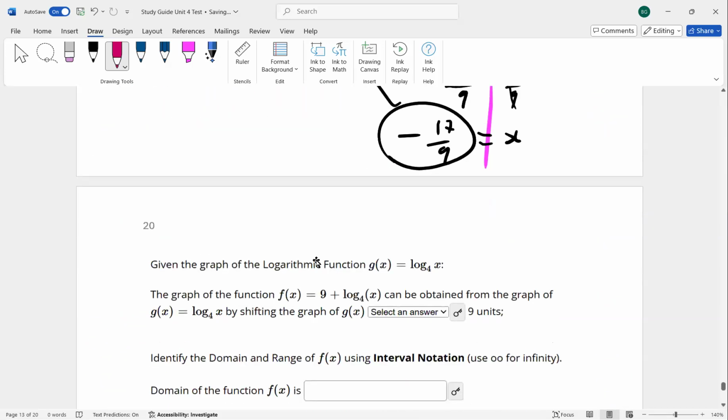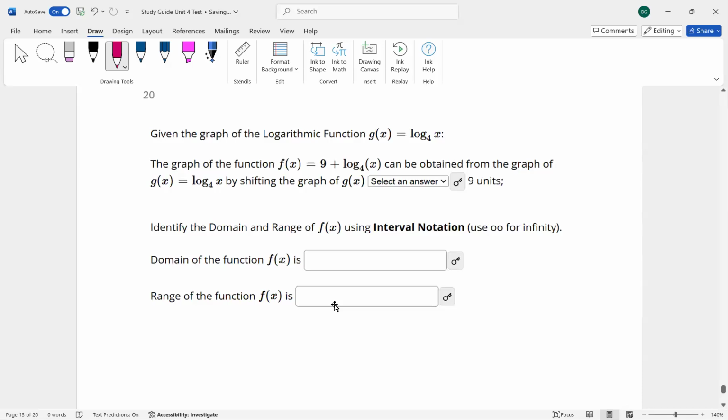The last problem, number 20. Given the graph of the log function g of x equals log base 4 of x, increasing, because the base is bigger than 1. The graph of the function f of x equals log base 4 of x plus 9 can be obtained from the graph of g of x by shifting the graph of g upward, obviously.